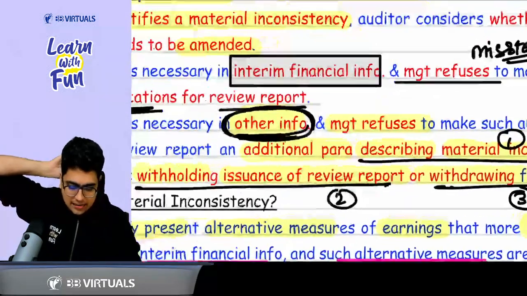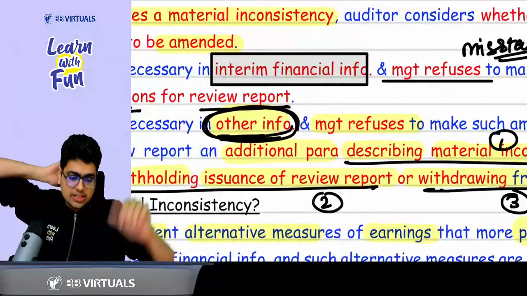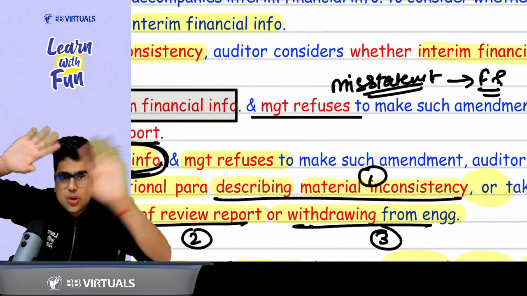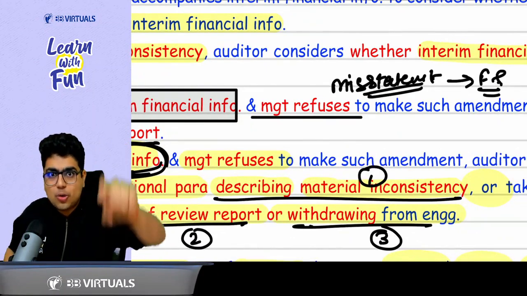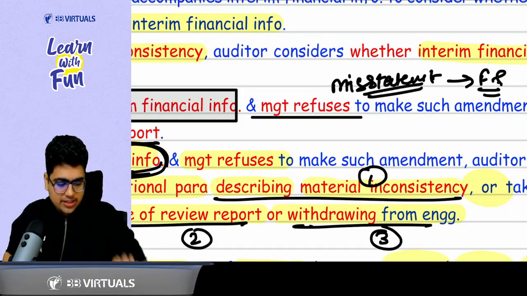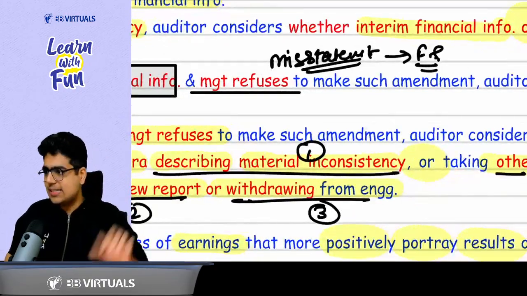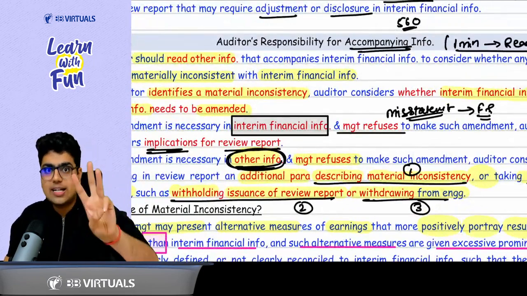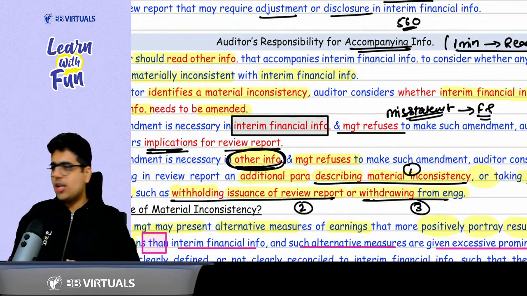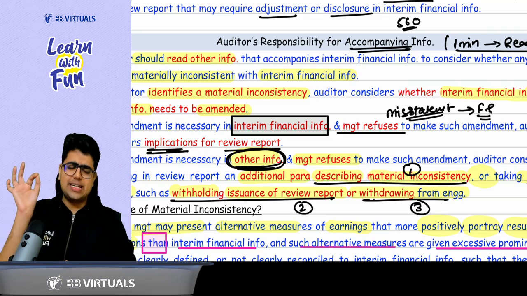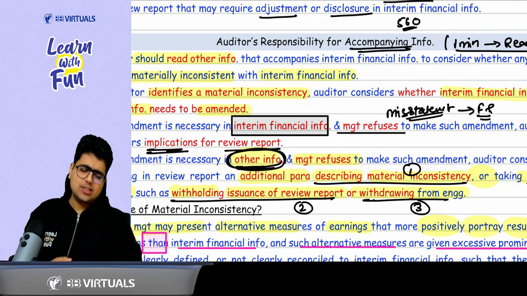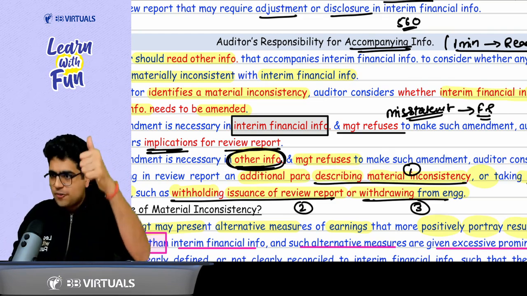If the material misstatement is in other information and again the management refuses, do you modify your report? No, sir. In your review report, describe the material inconsistency. Sometimes you can also consider withholding the report, or in the last case, consider withdrawal from the engagement.